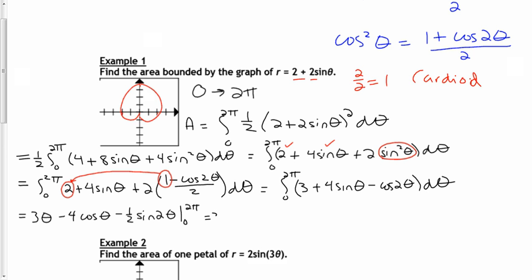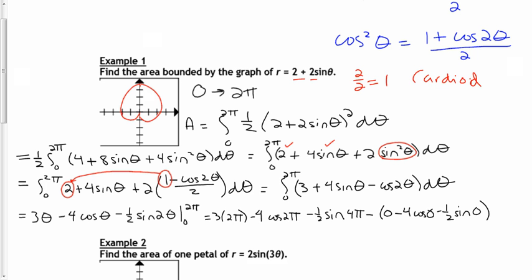So I have 3 times 2 pi minus 4 cosine of 2 pi minus 1/2 sine of 4 pi, minus 0 minus 4 cosine of 0 minus 1/2 of sine of 0. And now I need to come back and realize to use my unit circle information to get a final answer.